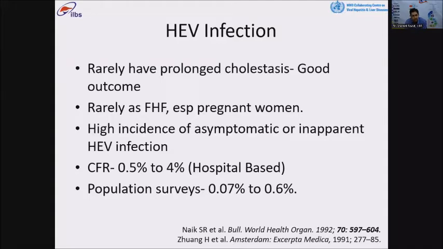But the incidence of a patient who has developed hepatitis A going into liver failure is less than 1%. It's very minuscule. So if you see hundreds of patients, you will find just 1 or 2 odd patients who are actually going into liver failure because of hepatitis A and E, in children mostly. But in pregnant women, this incidence goes high.